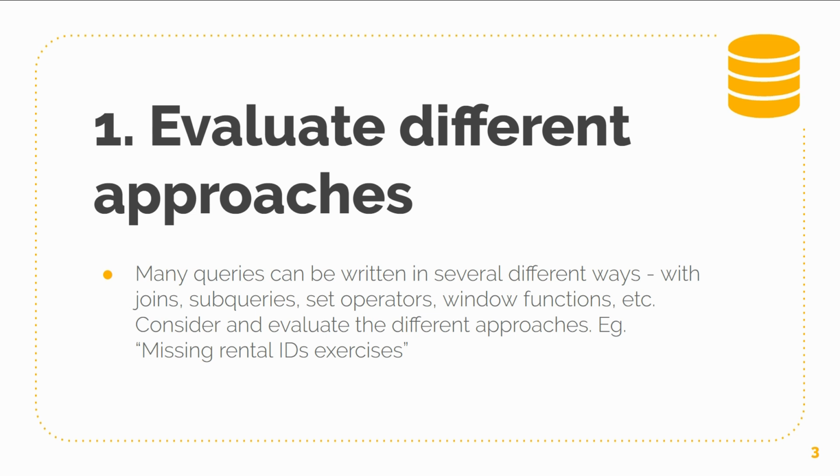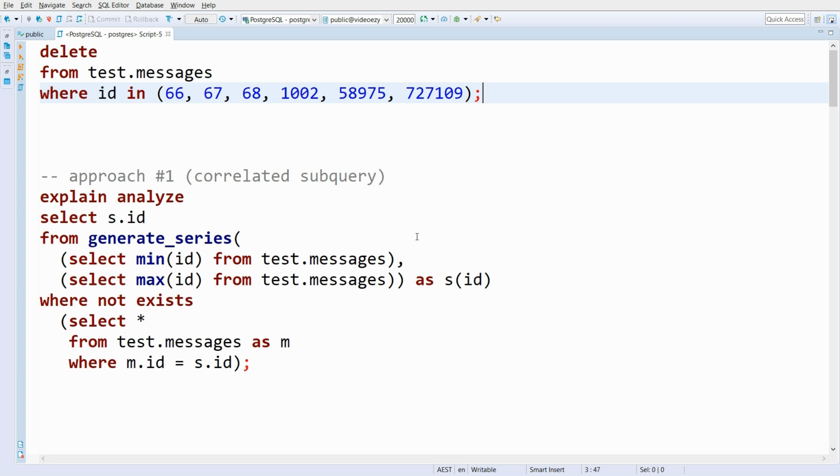You might remember as you're working through this course, you encountered an exercise several times where you had to identify missing rental IDs. Let me show you an example now of something analogous but working with the test messages table that we created in a previous video. If you recall, in a previous video, we created a messages table, and that messages table had 1 million rows. The IDs were numbered sequentially from 1 to 1 million.